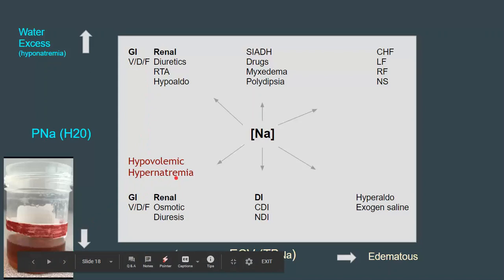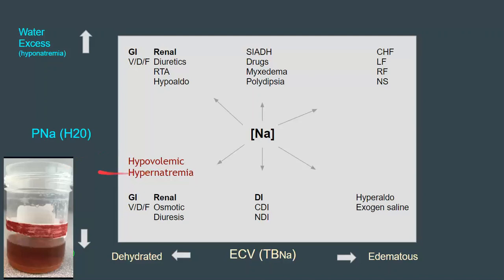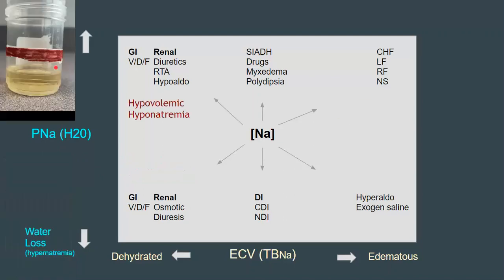And again, you begin to see that the hypernatremia or hyponatremia doesn't have anything to do with the total body sodium, because the serum sodium over here is really, really low, and this person's hypernatremic, and the person up here, their total body sodium was really, really low too, and they're hyponatremic. Okay?